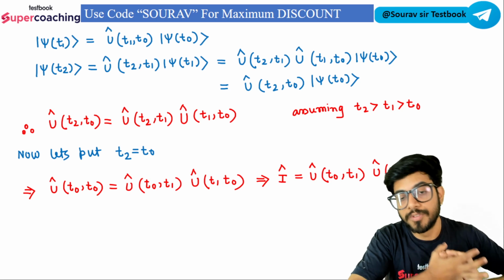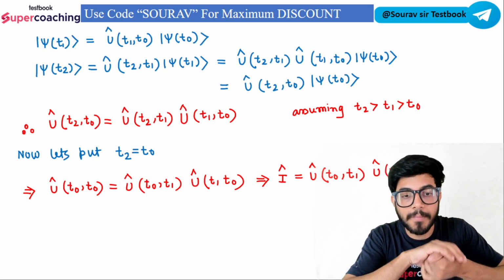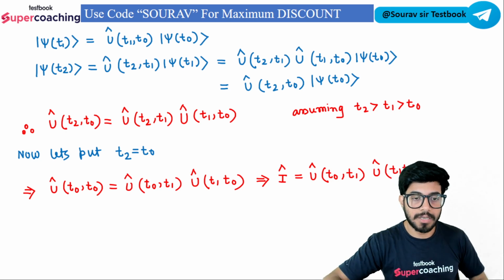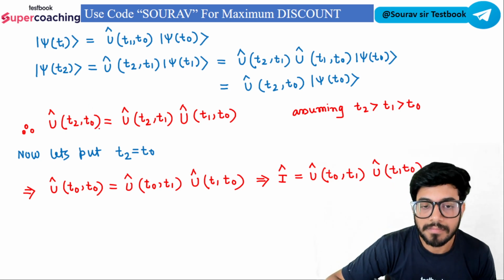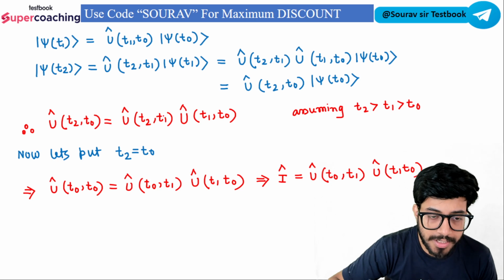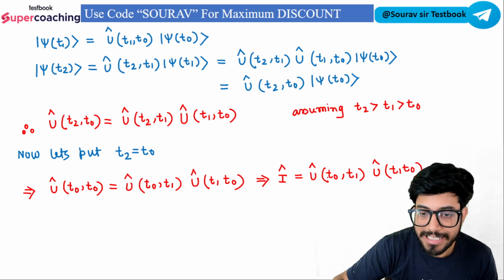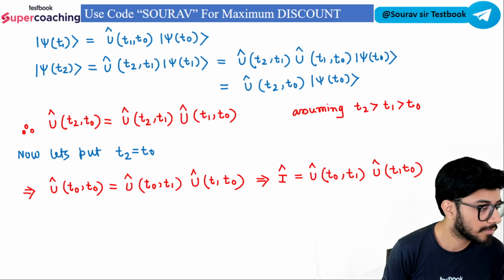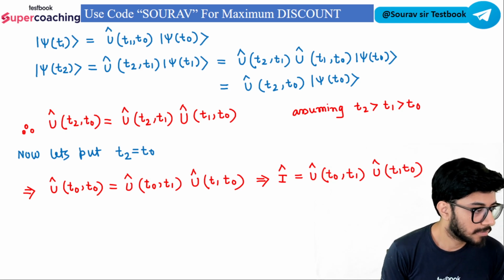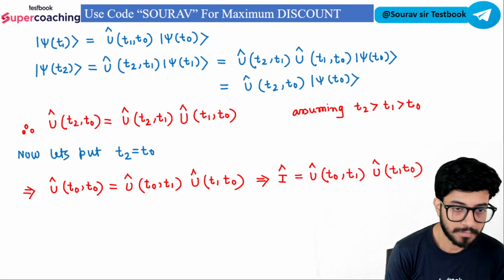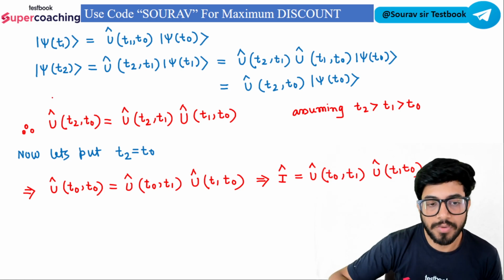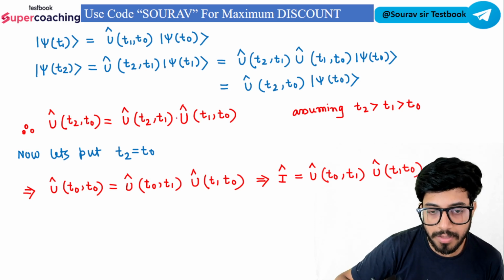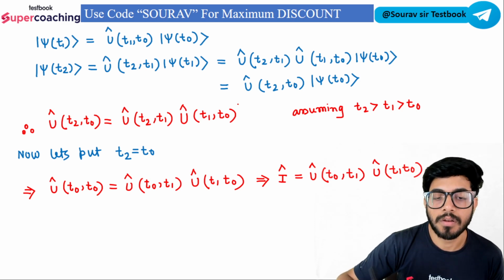Now I have to prove that, okay, I know this equation, right? If I know this equation, in the similar manner, I can also prove that t1 t0, t0 t1 is also equal to 1. If I take t2 equals to t1, suppose, so t1 t0, t1 t1, okay.